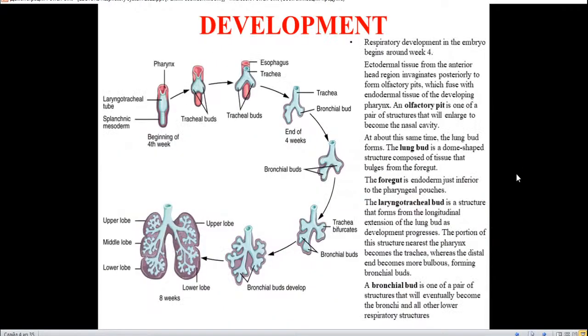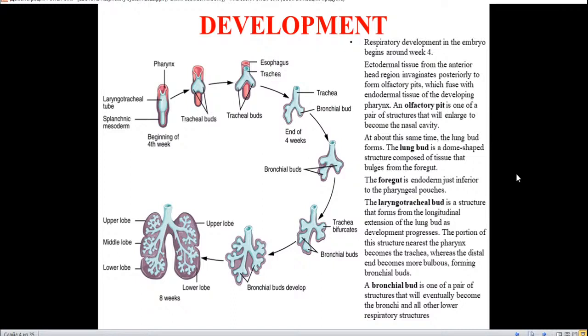When we're talking about ontogenesis of the respiratory system, you can see that it starts to develop approximately at the 4th week of embryogenesis from ectodermal tissue from the anterior head region, which invaginates posteriorly to form olfactory pits which fuse with the endodermal tissue of the developing pharynx.